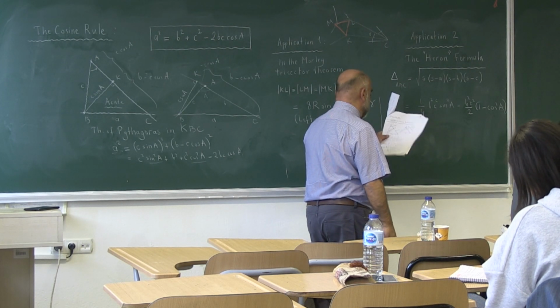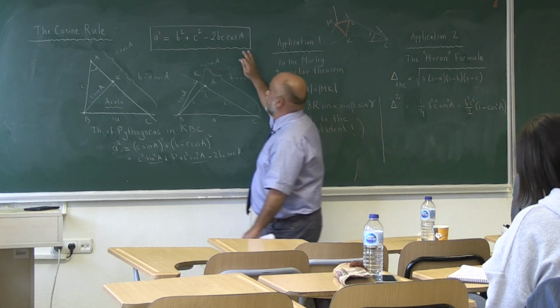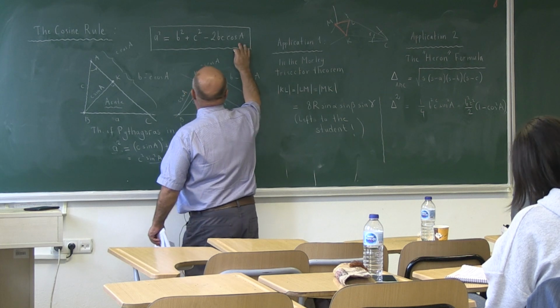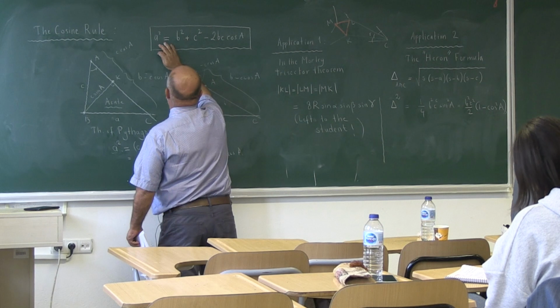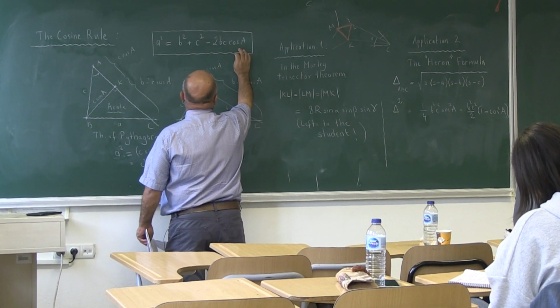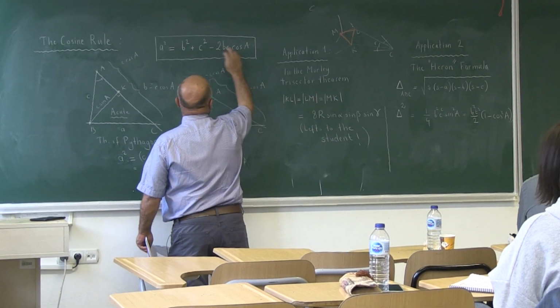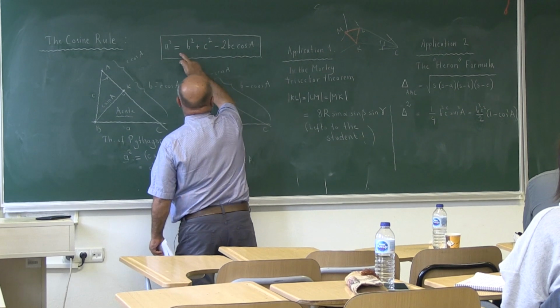Another way of seeing this formula is not only as a relation between three sides and one angle, but also as a formula which gives the cosine of one angle in terms of the sides.